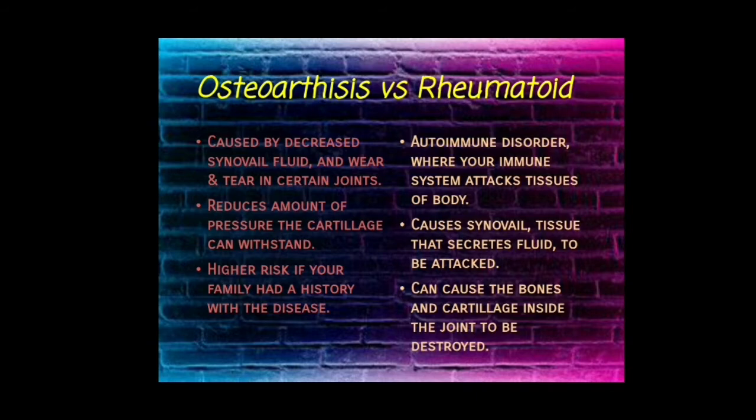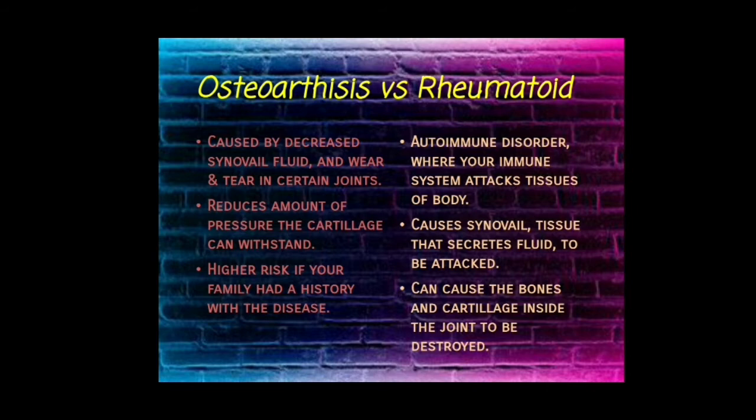So, the comparison between osteoarthritis and rheumatoid arthritis. Osteoarthritis first. Osteoarthritis is caused by decreased synovial fluid and wear and tear in certain joints. This reduces the amount of pressure the cartilage can withstand. If you don't know, the cartilage's function is to withstand pressure to protect our tissues.